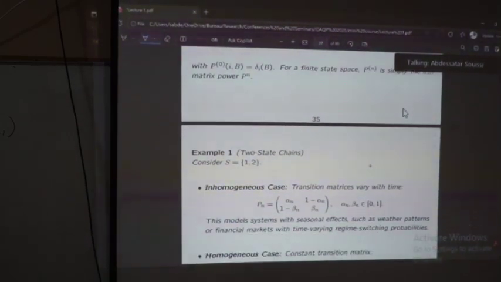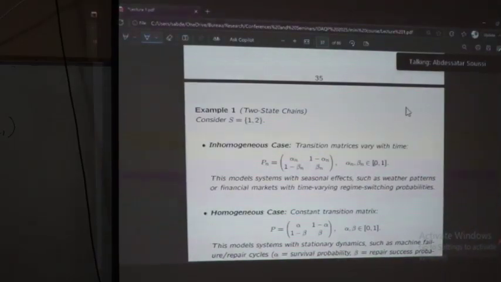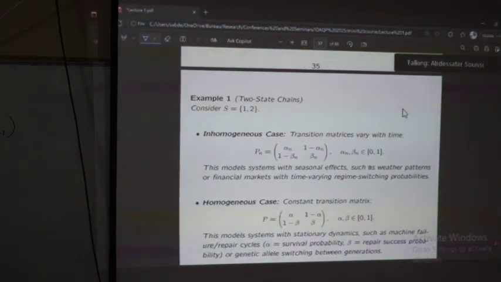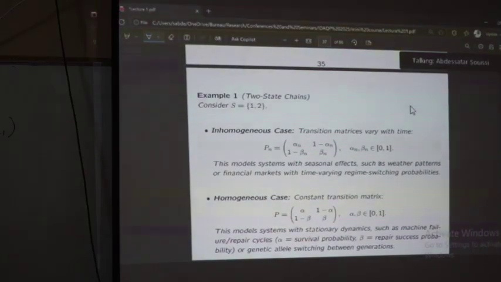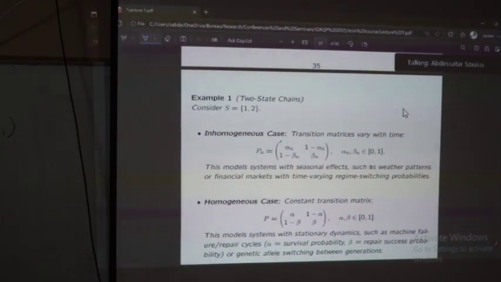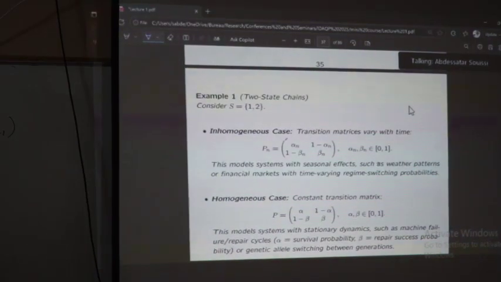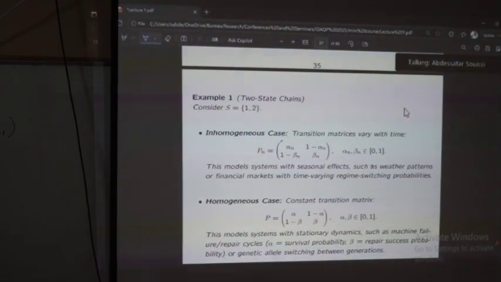Now, I just give an illustrative simple example of the two-state Markov chain. In general, the transition matrix at time n is characterized by a pair alpha n and beta n, and we can see that the sum over each line is 1.